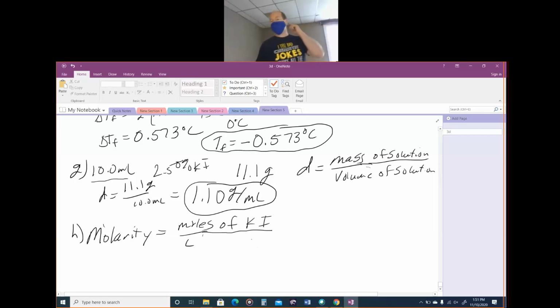We've already calculated moles of KI a bunch of times, so we already have that one. And then liters of solution. And that's why we did density. That's the only place where we have a volume of the solution. So to find the volume of solution, we need to first find the mass of solution.